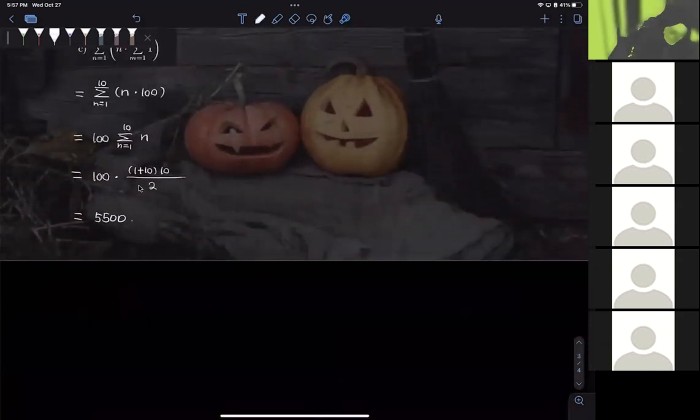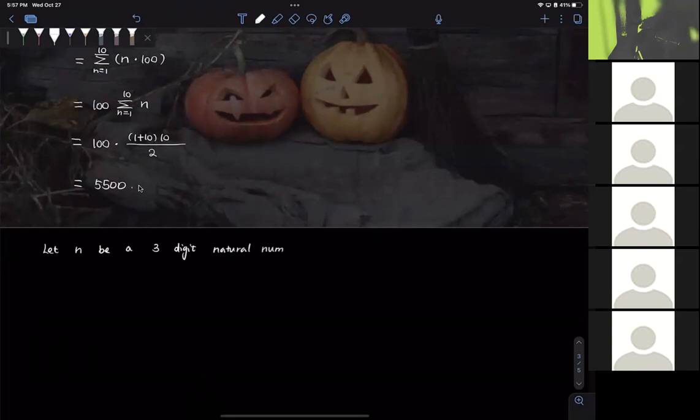Okay, let's prove this. Let n be a 3-digit natural number and prove if n is divisible by 3.